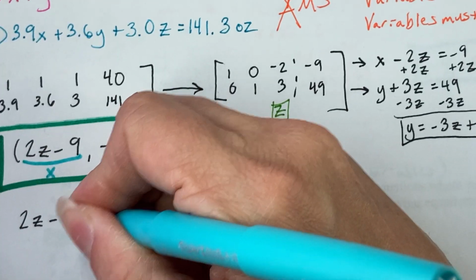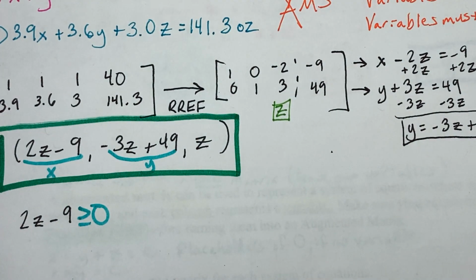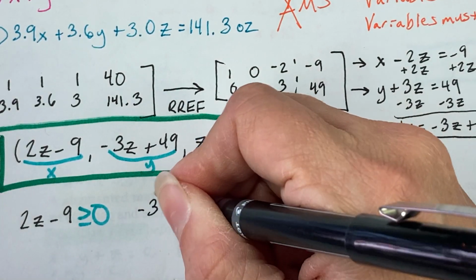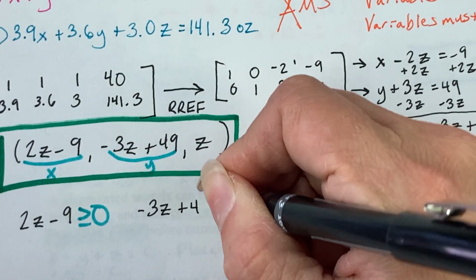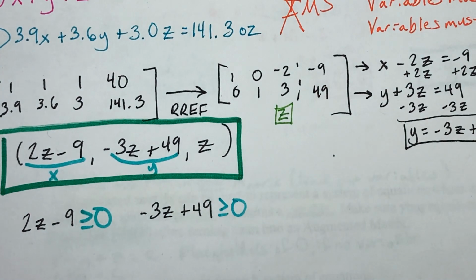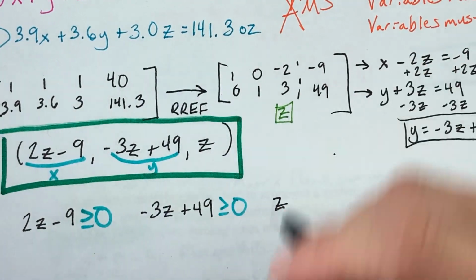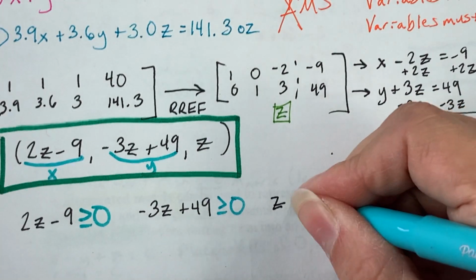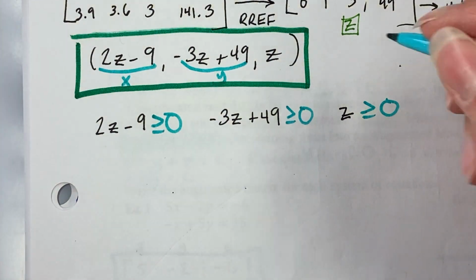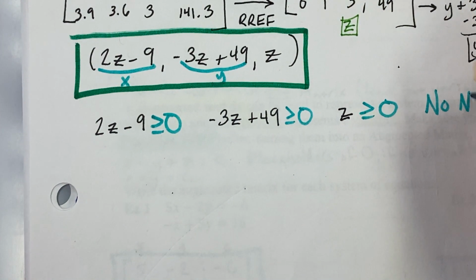This value needs to be greater than or equal to 0. My Y value, whatever I get for that coordinate, that needs to be greater than or equal to 0 too. And then Z, yep, that too has to be greater than or equal to 0. So these 3 specifications are how we say no negative answers.